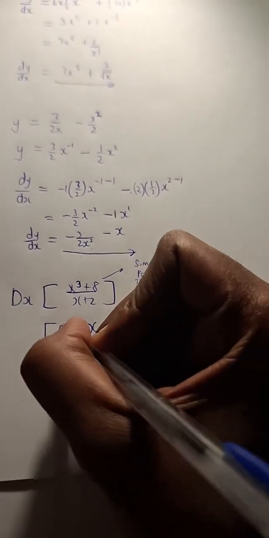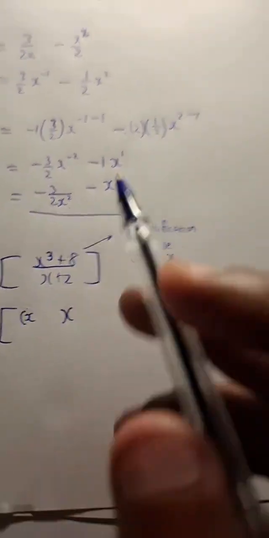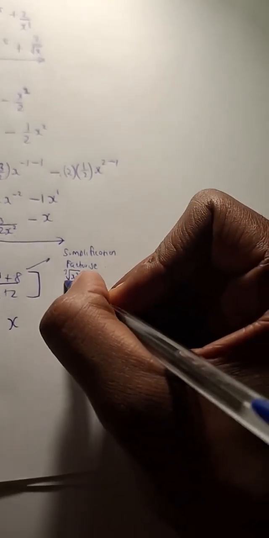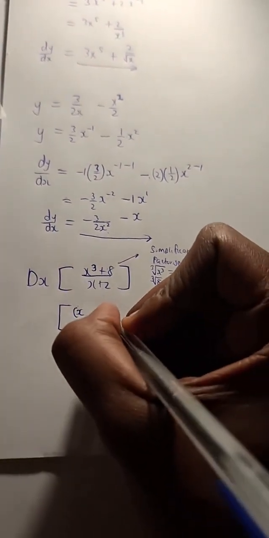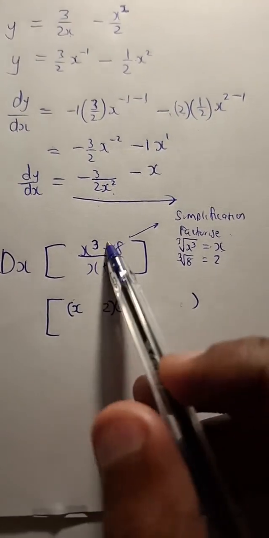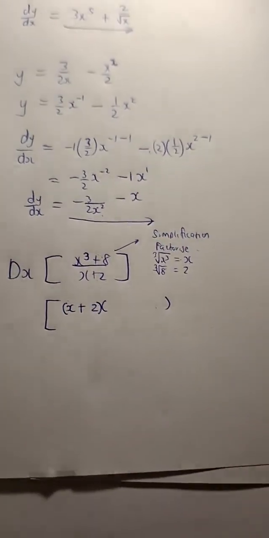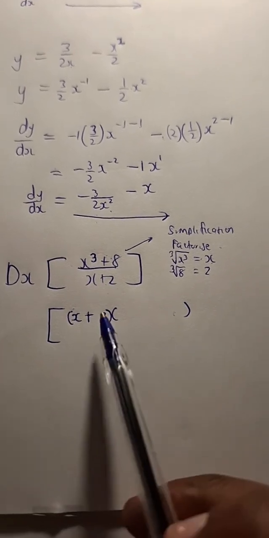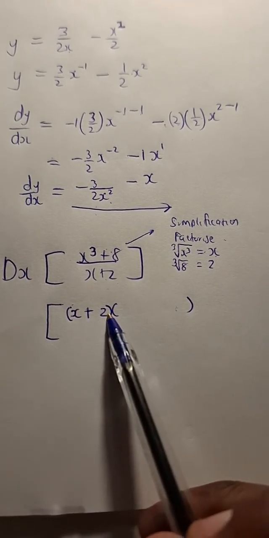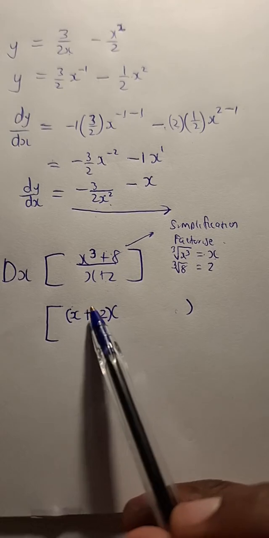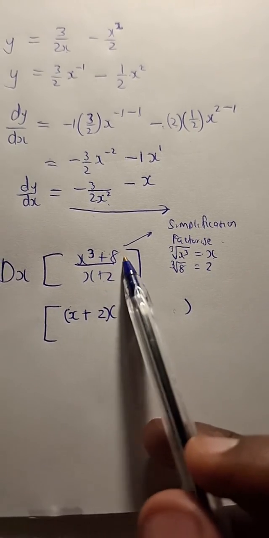So that means in your first binomial bracket, you populate your first term with the cube root of the first term. Then you take the cube root of the last term. So the cube root of 8 is 2. And whatever the sign is for that expression, that is what you write in your bracket as well. So you are going to have an x plus 2 binomial bracket as part of your factors as you factorize x cubed plus 8.